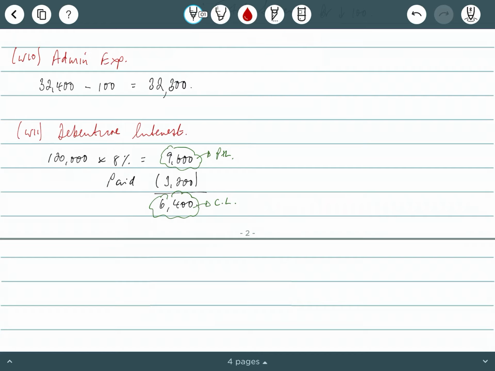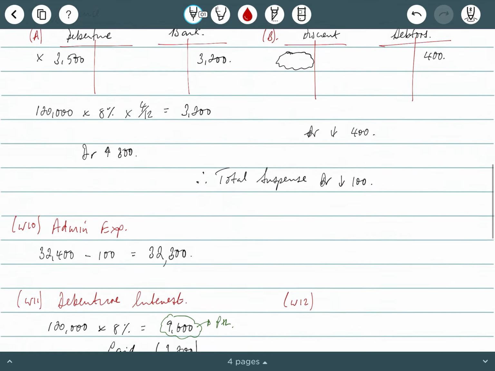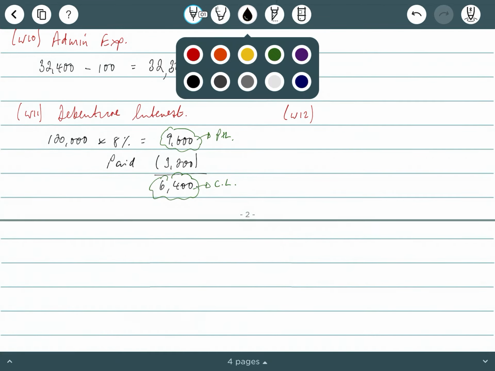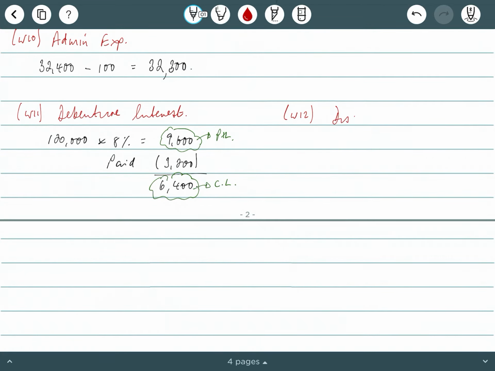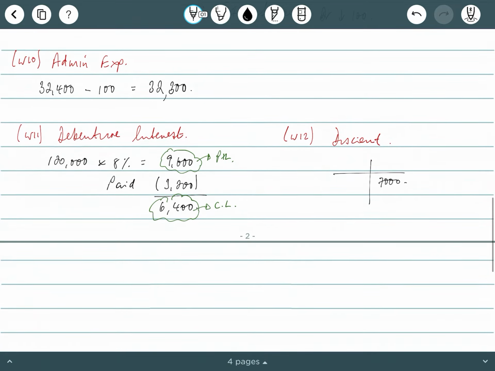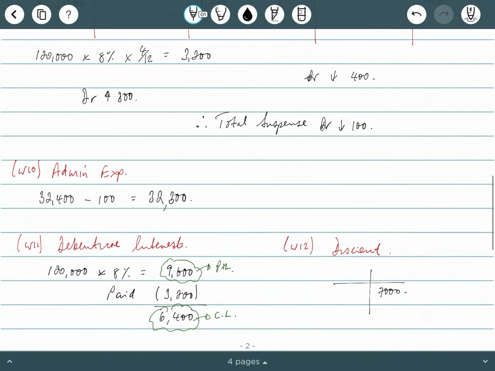All right, and then the next one we need to open up in regards to suspense was discount. If we go back then to our trial balance, we'll see if there was a net figure for discount. Yeah, third one down there was a credit entry of 7,000. So a quick little T account here: 7,000, and we need to put in 400.